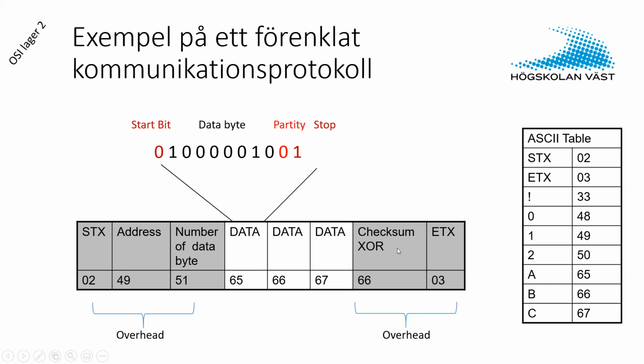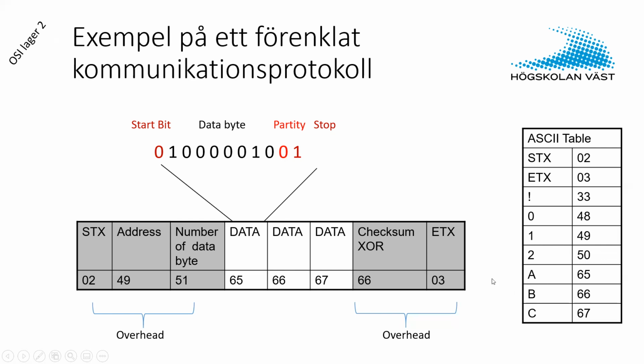Very often, you have text messages sent, and then you typically use some coding. So you have the ASCII table, for example, where if you send the number 50 as 1 byte, it might actually mean the letter 2 or the letter B, A, or C or something.